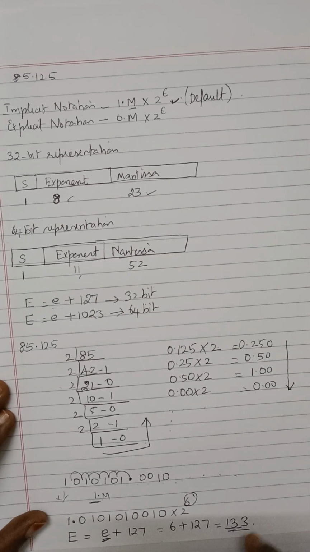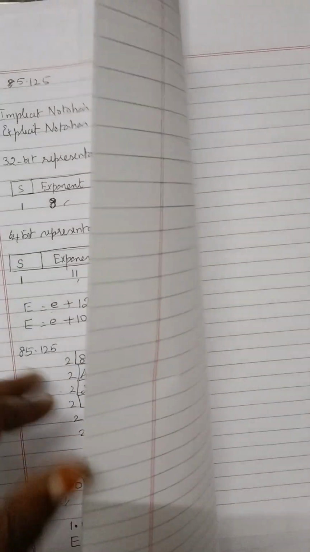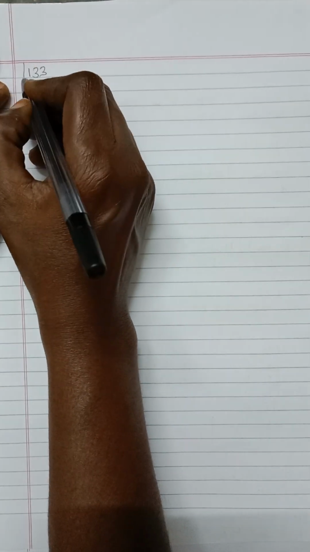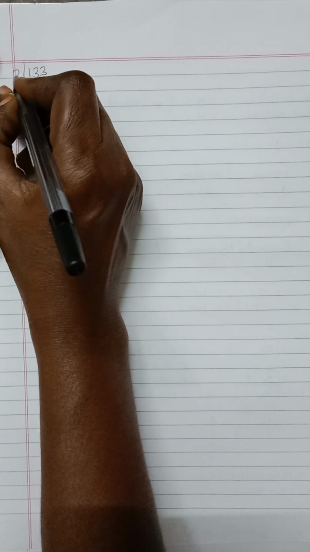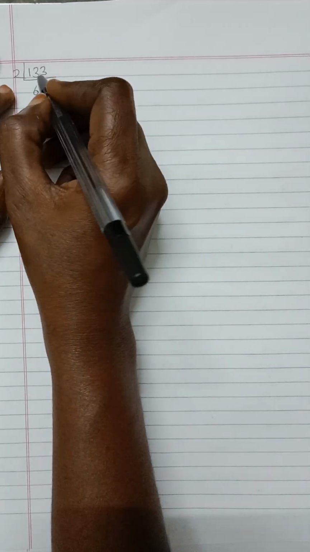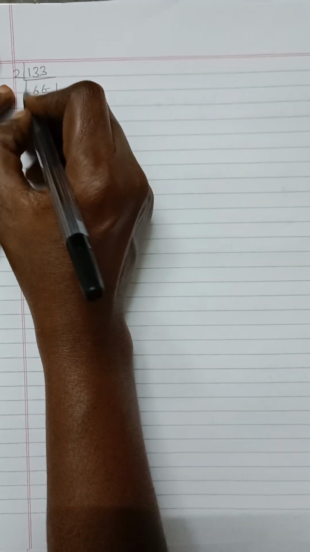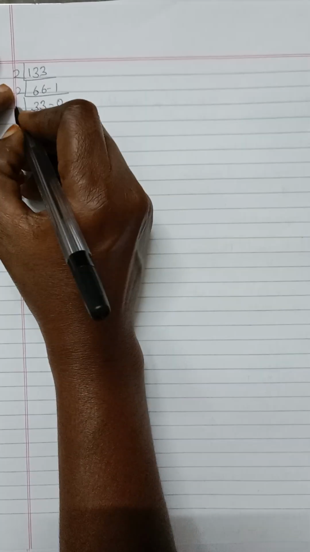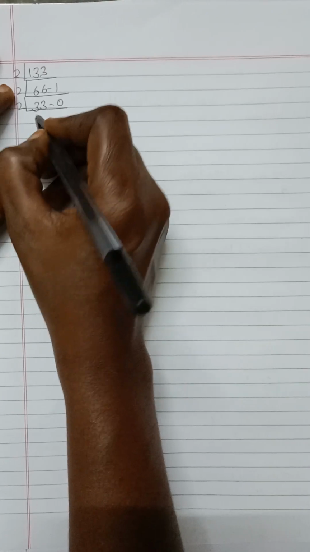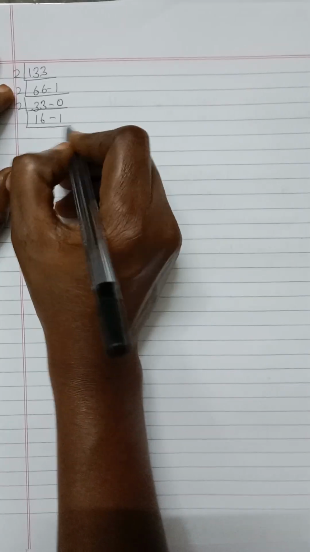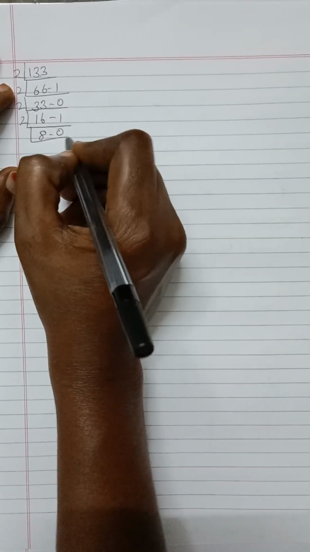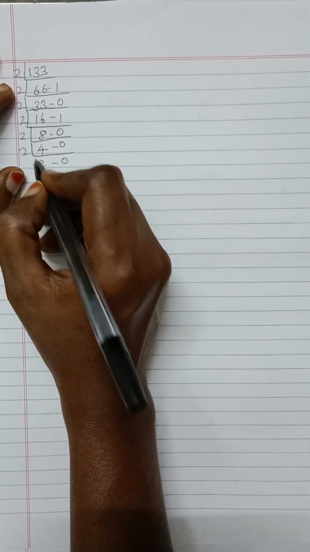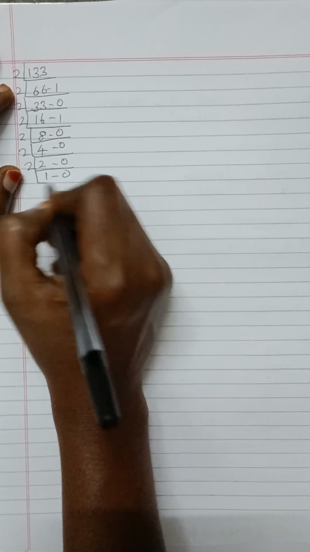Now we'll find the binary equivalent of 133. Dividing by 2: 133 gives 66 and remainder 1, 66 gives 33 and 0, 33 gives 16 and 1, 16 gives 8 and 0, 8 gives 4 and 0, 4 gives 2 and 0, 2 gives 1 and 0.